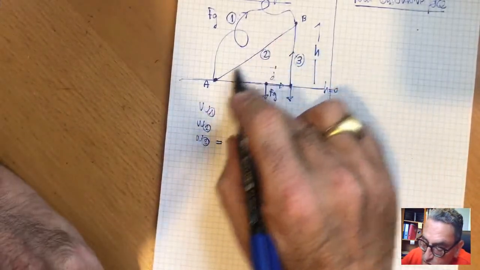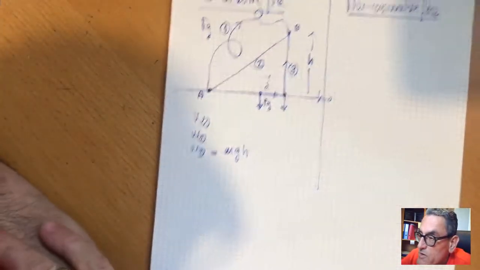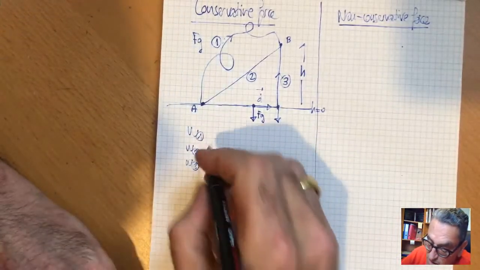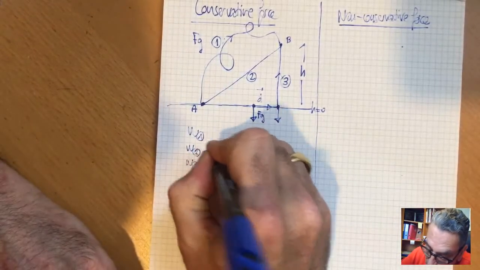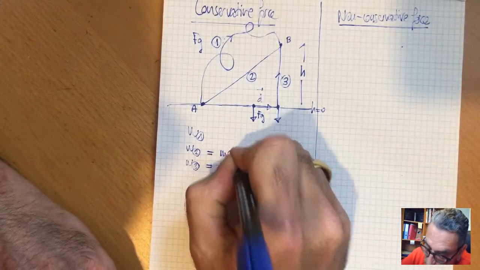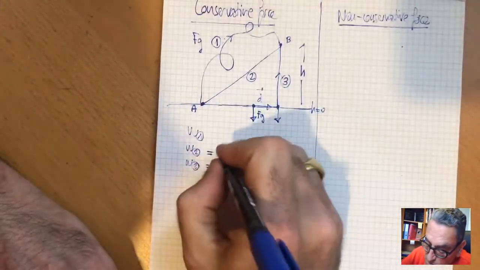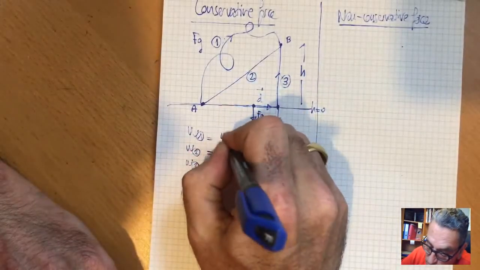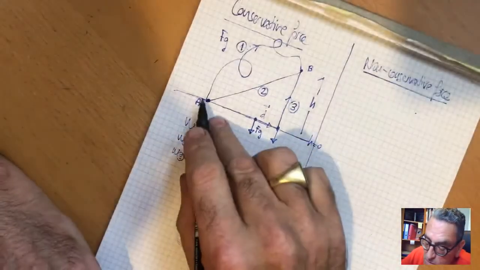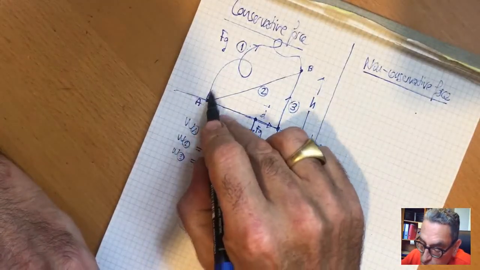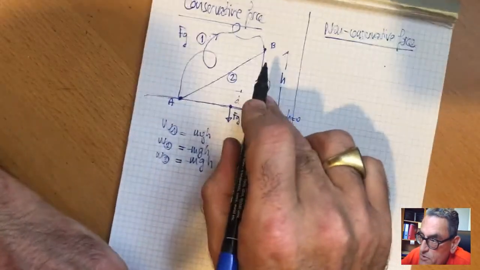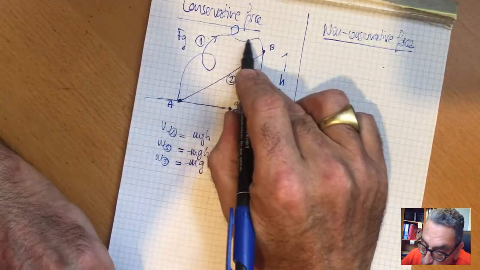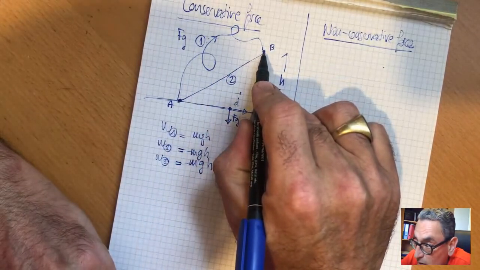For situation 2, it turns out that if the field is conservative, then in path 2 the increase in potential energy will also be mgh, and same for path 1. Path 1 may be more difficult to understand, because we're going higher than the point B. But when we are going higher, we consume more energy, and when we come down, we get this energy back.